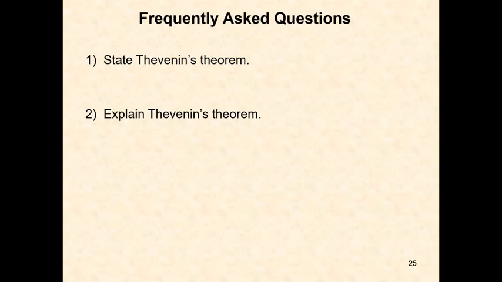Thevenin's theorem states that any linear or bilateral network consisting of voltage sources and impedances or resistances can be replaced by a single voltage source in series with some resistance or impedance, and it cannot be applied for passive networks. This theorem is very useful in simplifying circuits.